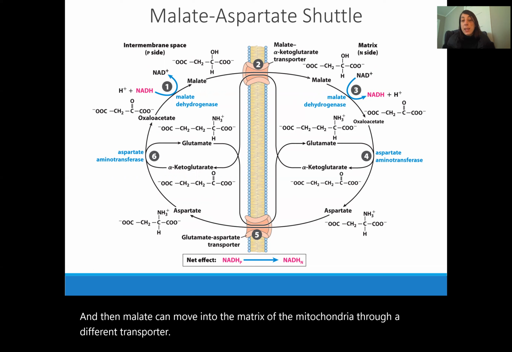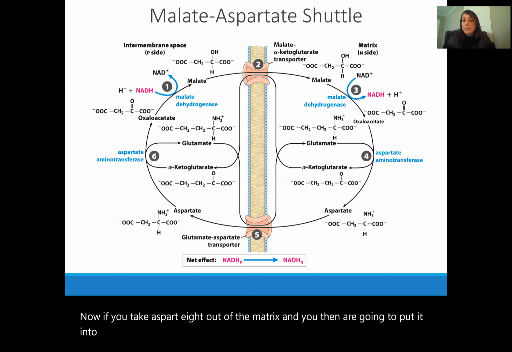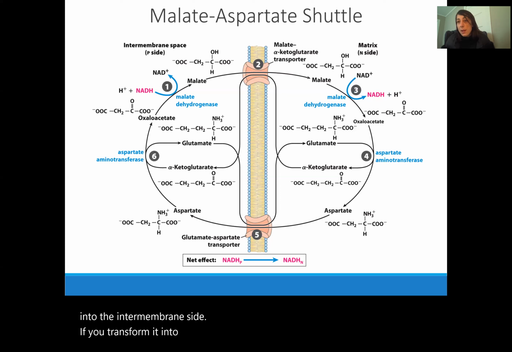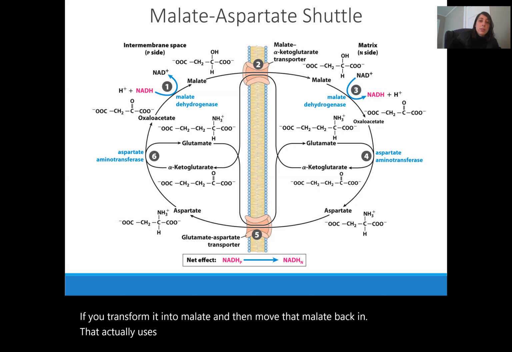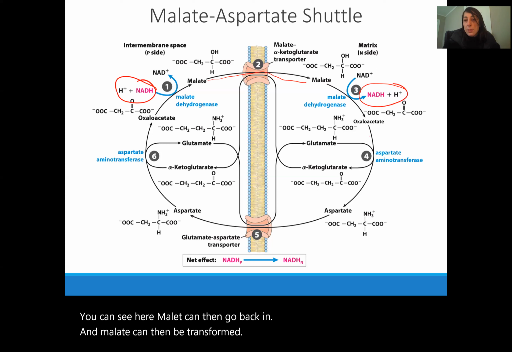Now, if you take aspartate out of the matrix and you then put it into the intermembrane side, if you transform it into malate and then move that malate back in, that actually uses an NADH. You can see here, malate can then go back in, and malate can then be transformed back into aspartate, and that NADH can be released.